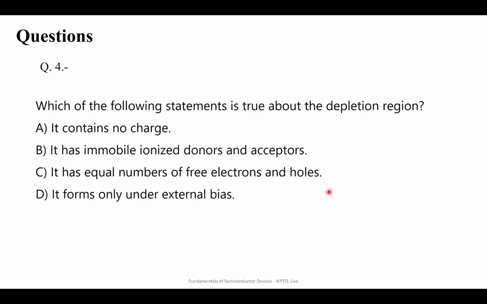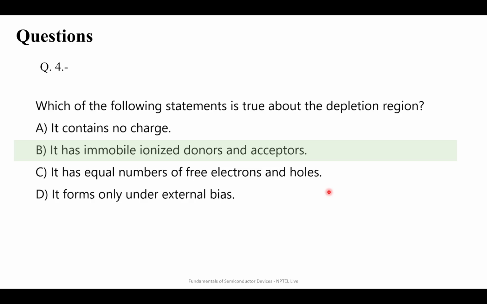So which of these is true about the depletion region? That would be correct. The correct answer would be: it has immobile ionized donors and acceptors.